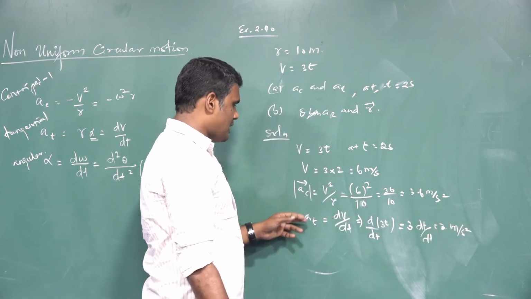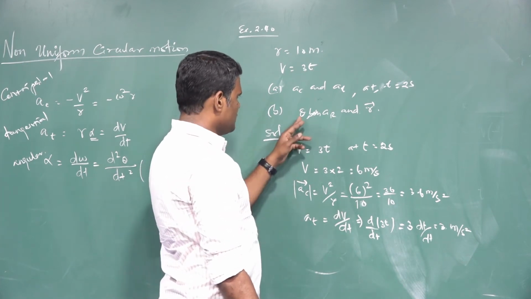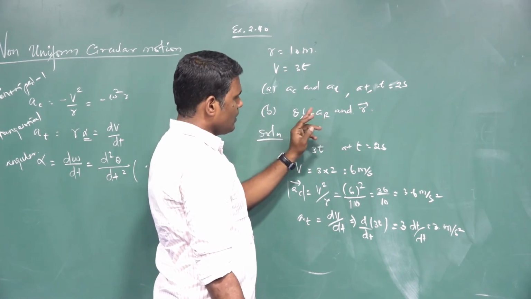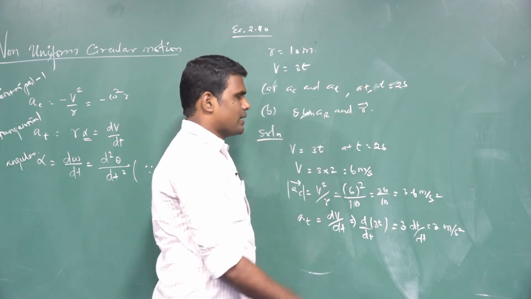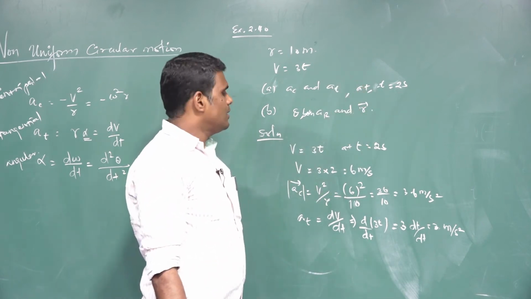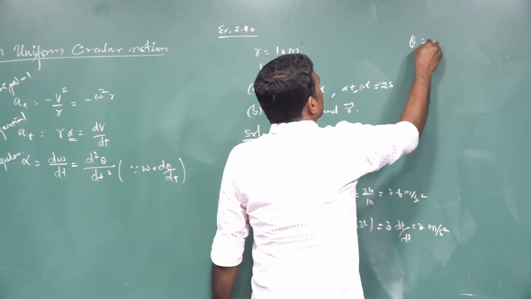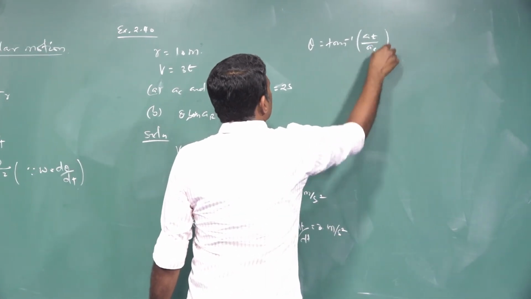So you got centripetal acceleration as well as tangential acceleration. Then they are asking you to calculate the value of theta between the resultant acceleration and the radius vector. Theta must be calculated. Theta is simply tan inverse of AT divided by AC.